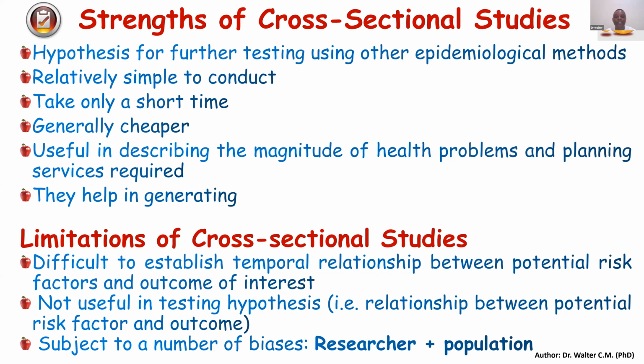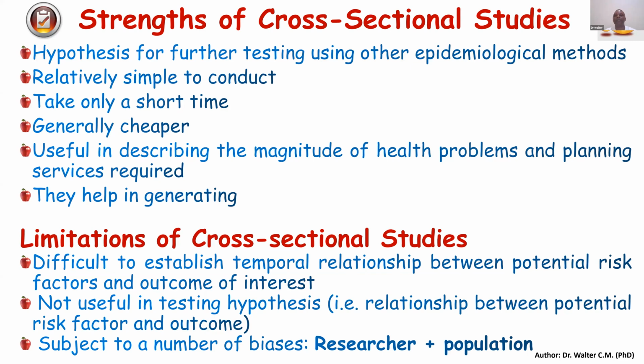Researchers' bias is like selection bias. You can even opt for a population that is very simple to reach, and then they may show cooperation to you. So you sit down and say, which population will offer maximum cooperation to me? Ah, okay, motorcycle drivers.